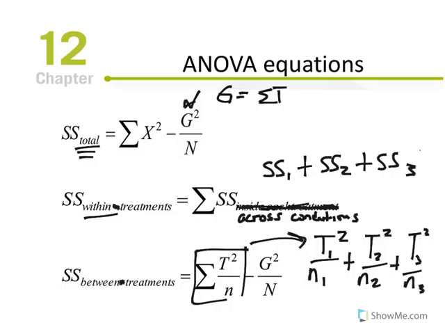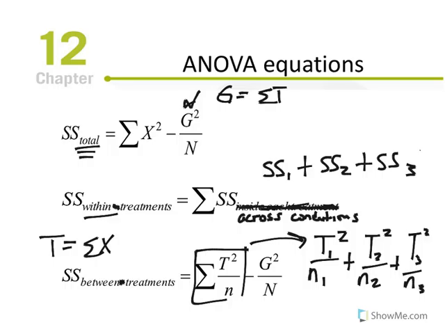If you can imagine having more than 3 treatment conditions, this becomes quite complex. Again, the math isn't difficult, but it's time consuming. And don't lose sight of the fact that T is simply the sum of x within each treatment.